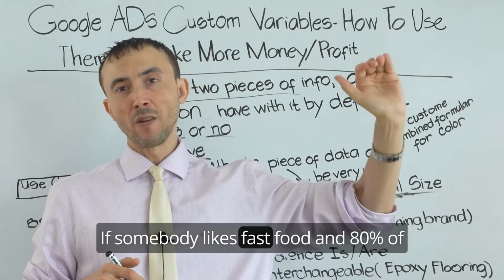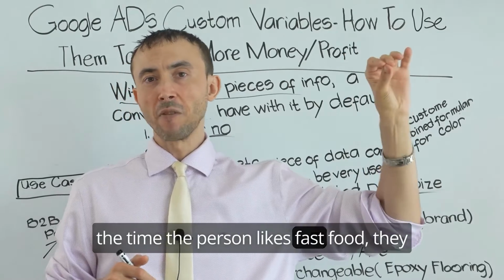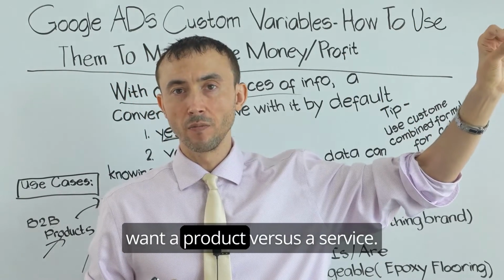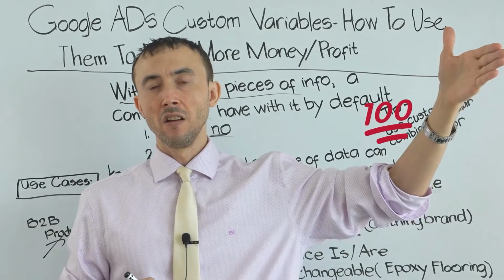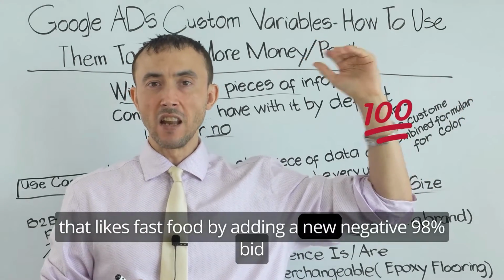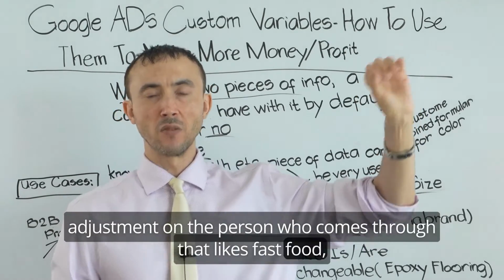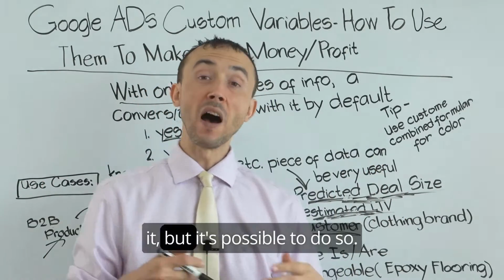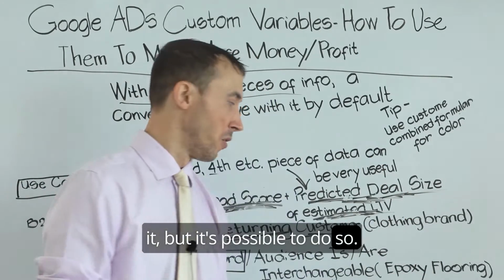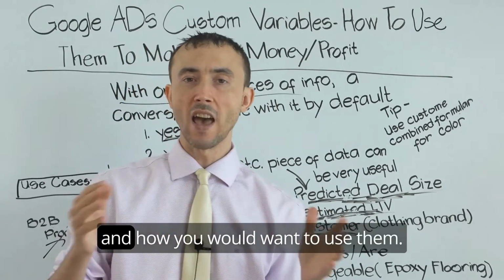If 80% of the time the person who likes fast food wants a product versus a service, you can get rid of every single person from now on that likes fast food by adding a negative 90% bid adjustment on the person who comes through that likes fast food, which most of you won't go to that level with, but it's possible to do. But with that said, that explains custom variables, why and how you would want to use them.